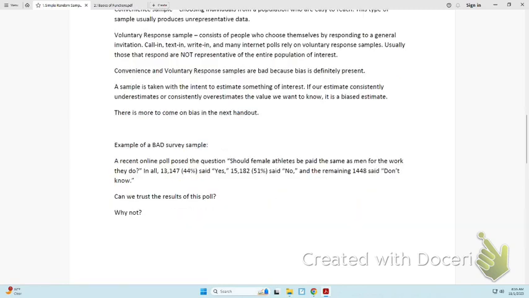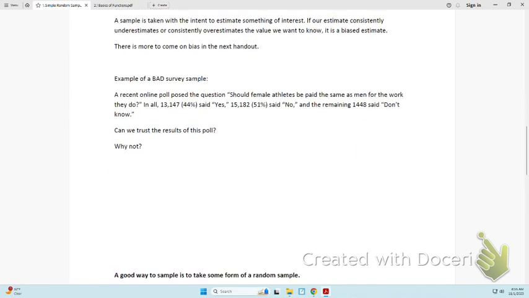Okay, so we stopped with this problem right here, and this is an important issue. Don't hear me saying that that is bad. This is an important question. And here are the results. I would say we cannot trust these results because we do not know how the sample was taken.